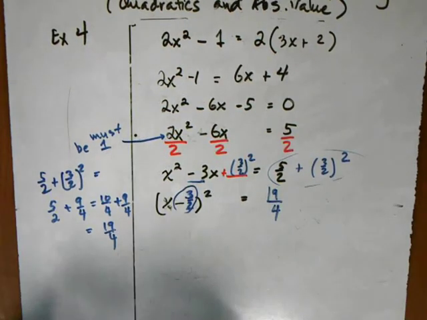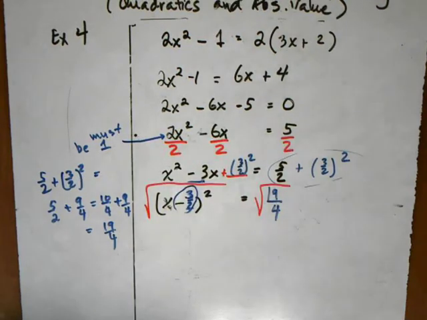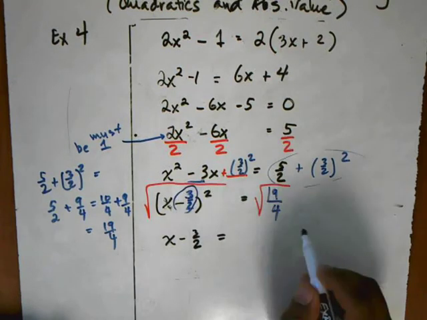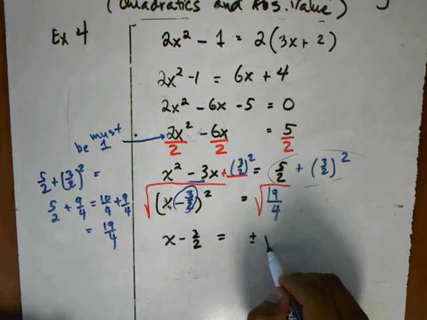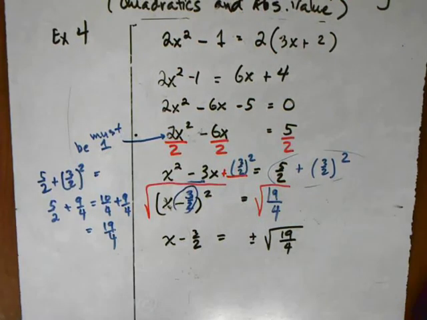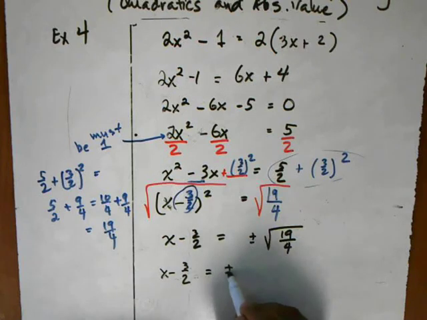Okay. Then we can take the square root of both sides, and that will give us x minus 3 halves equals plus or minus the square root of 19 over 4. Now I'm going to leave the left side alone and try to simplify the right side here.